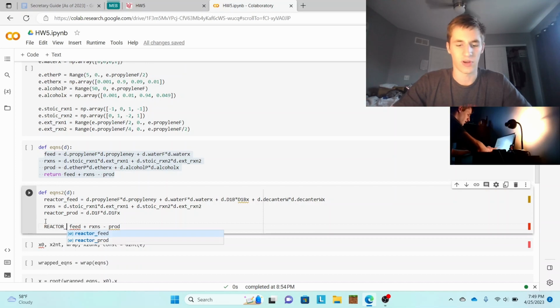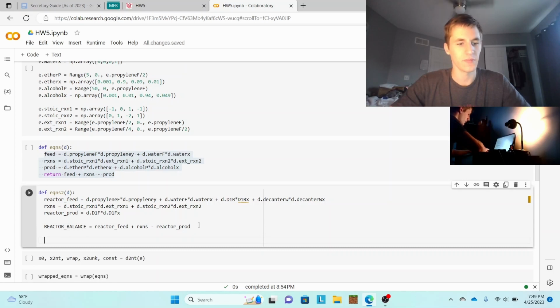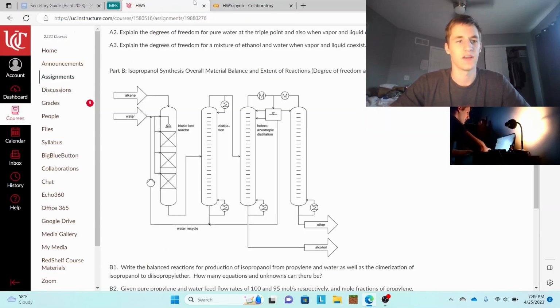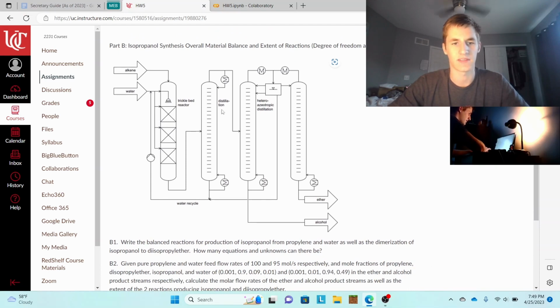I want to call this reactor balance, and we will return this in an array later on. And then of course change this to reactor feed and reactor products. Okay. So now moving on, if we look at our next column here, right, we have our distillation.